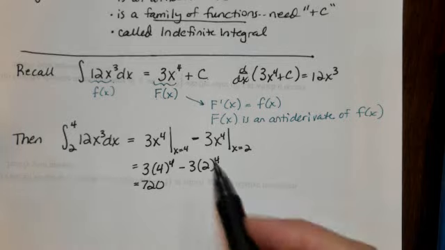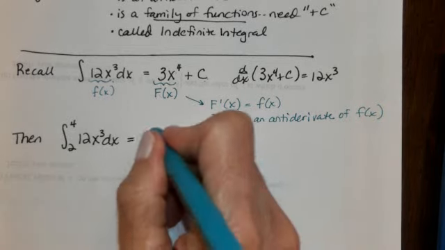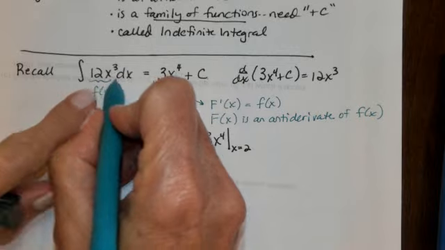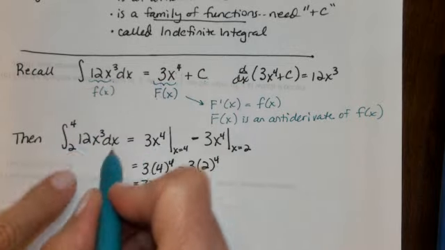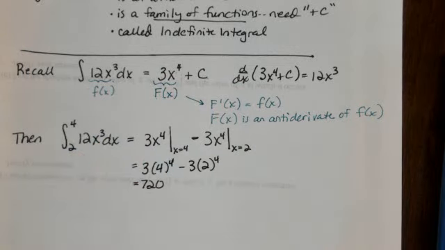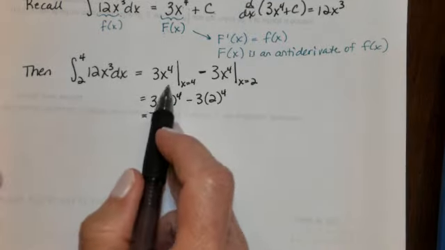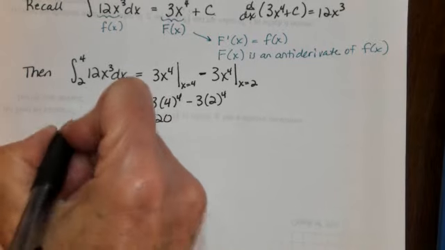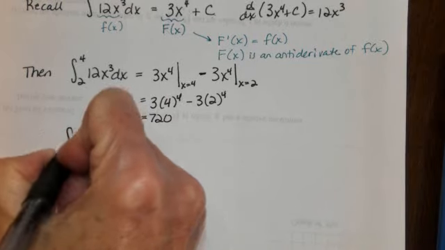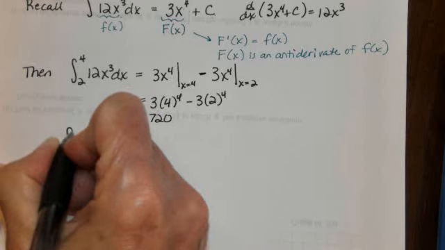So this is the way that the indefinite integral relates to the definite integral. Okay? So we can write this another way, instead of using the 12x cubed and the 3x to the 4th. I could write a to b here.